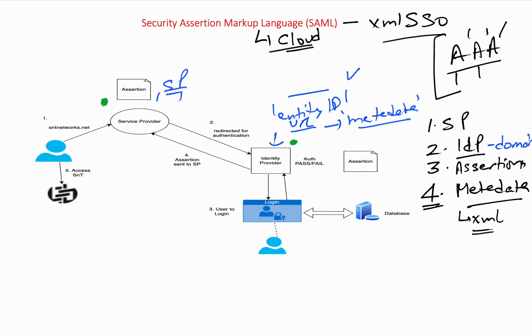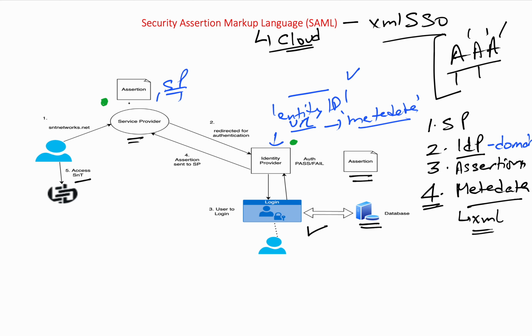So now we'll go through the SAML part very quickly. You try to log in to SNT, but it takes you to your service provider, SP. SP will take you to the IDP for authentication. When you pass the authentication as per your database or domain details, an assertion will be created. That assertion will be sent back to the service provider.